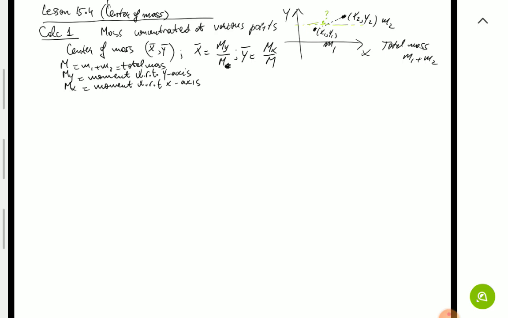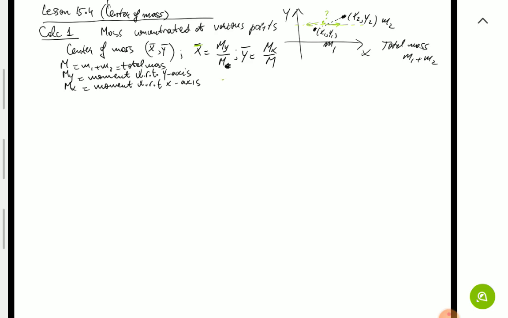How far or how close should you be to the y-axis so that the object is in balance with respect to the position on the x-axis. So the x coordinate of the center of mass is the moment with respect to y over the total mass, and y bar is the moment with respect to x over the total mass.